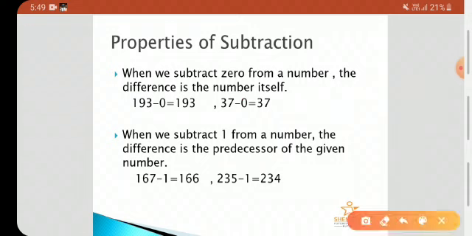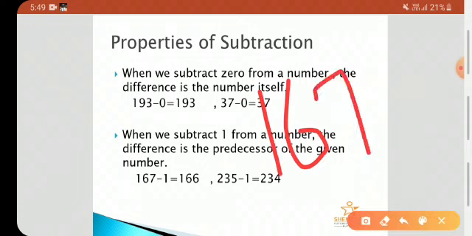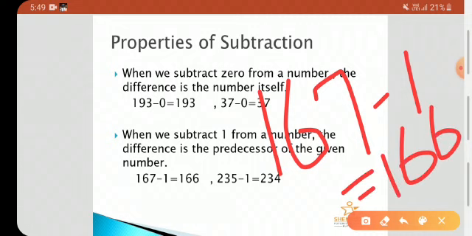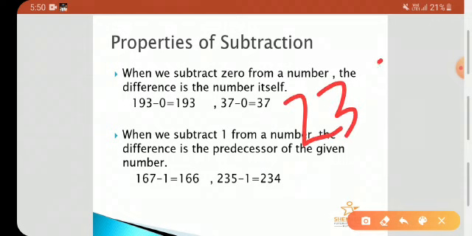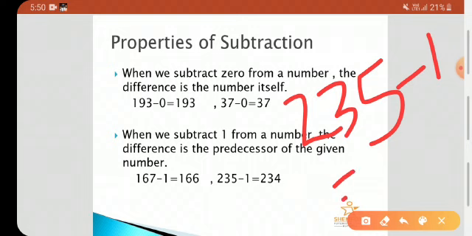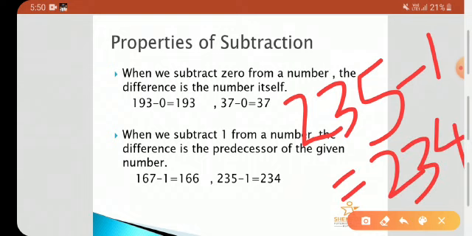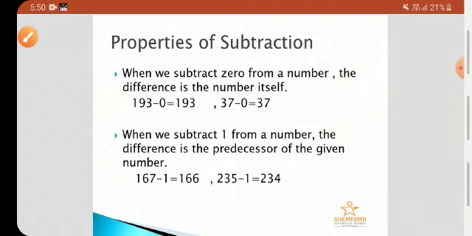That means when we subtract 1 from 167, the answer we will get is 166. That is, 166 is the predecessor of 167. Similarly, 235 minus 1, we will get the number 234, and 234 is the predecessor of 235.